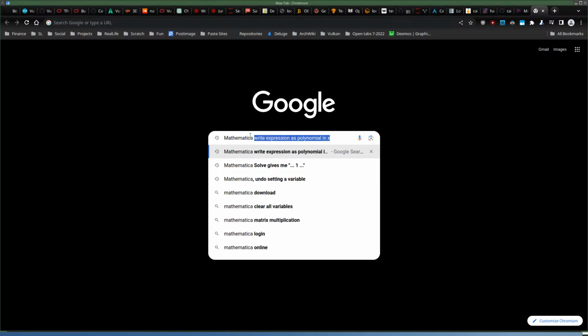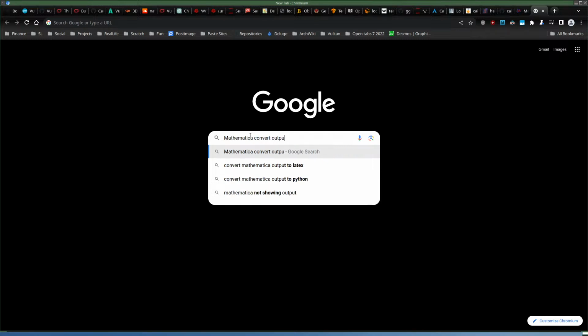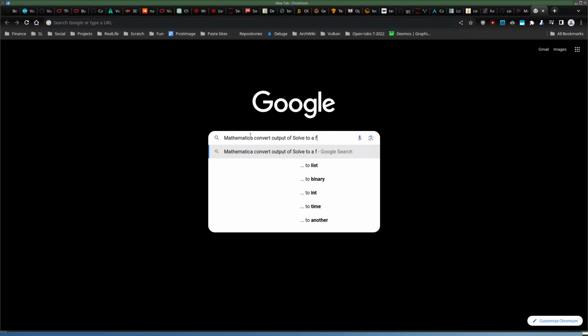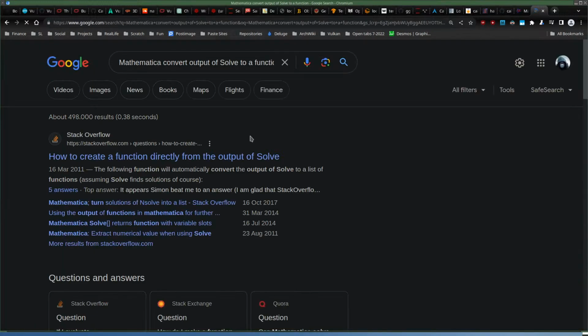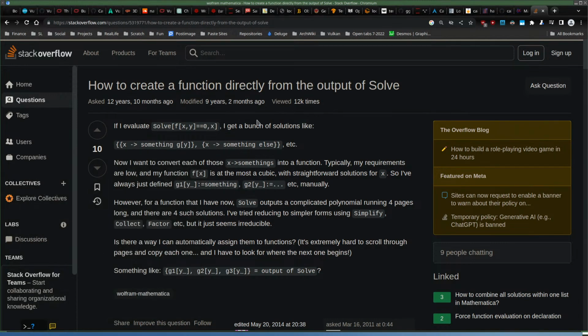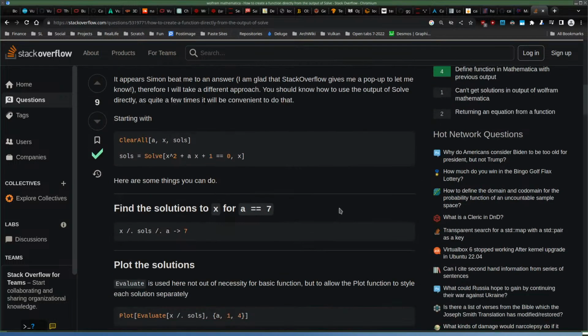Mathematica: convert output of Solve to a function or something. How to create a function directly from the output of Solve.